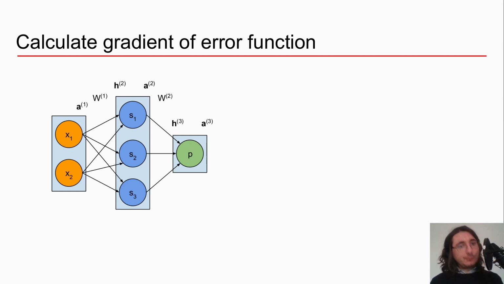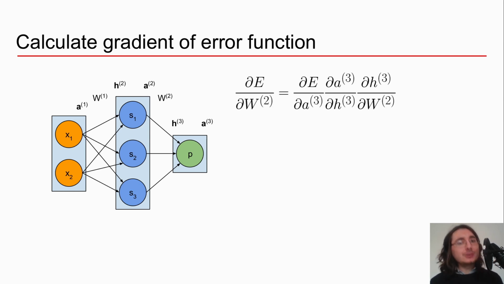Nice. We have this information, we know about the error function and its dependencies, and so what we can do is calculate the derivative of E with respect to W2, and we can use a very nice rule from calculus, which I'm not going to review here, but it's called the chain rule. And if we use the chain rule, we can come up with this formula, which rewrites the derivative of the error function with regard to W2.